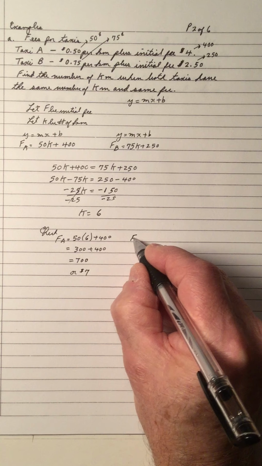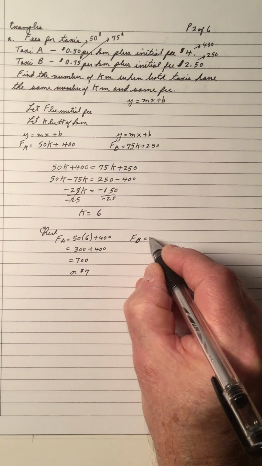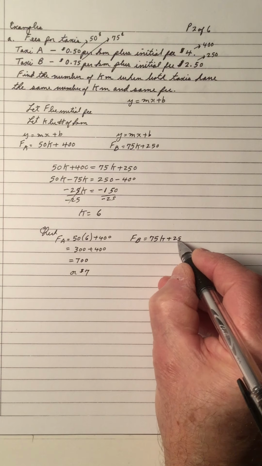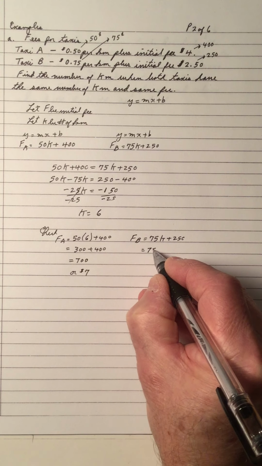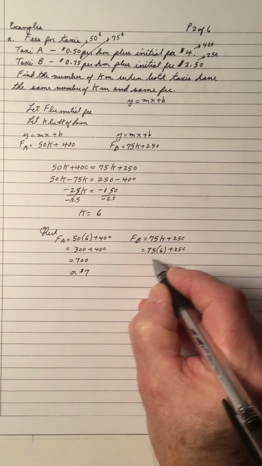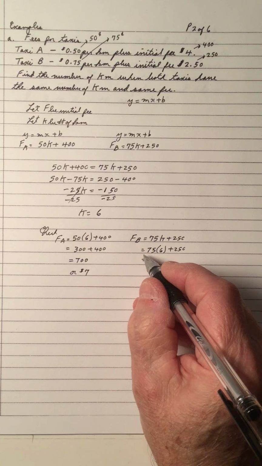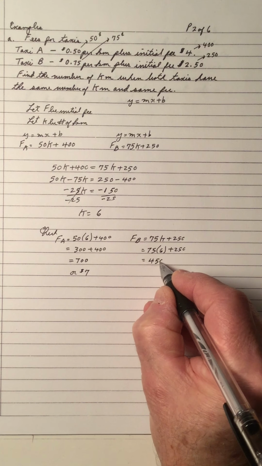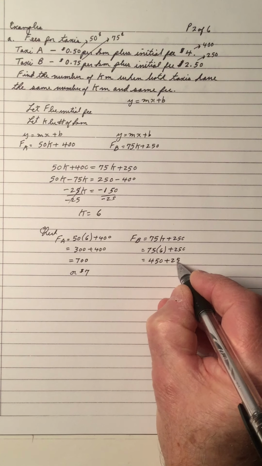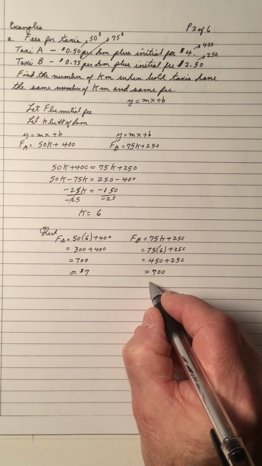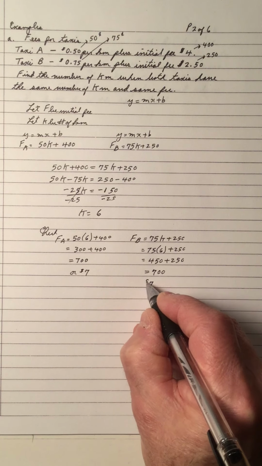And the fee for taxi B is 75k plus 250. So I'm going to put 6 in for k. 75 times 6 is 450 plus the 250. That gives me again 700 cents, which is equivalent to $7.